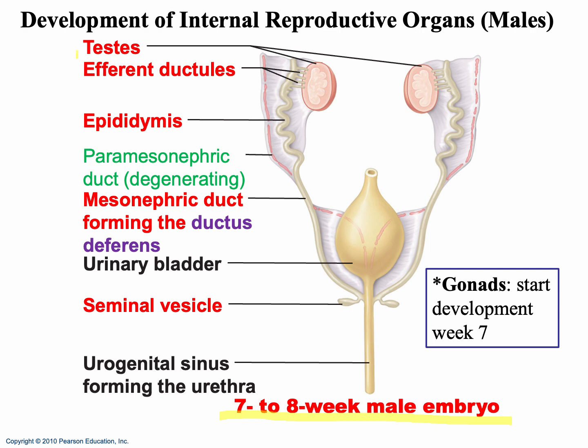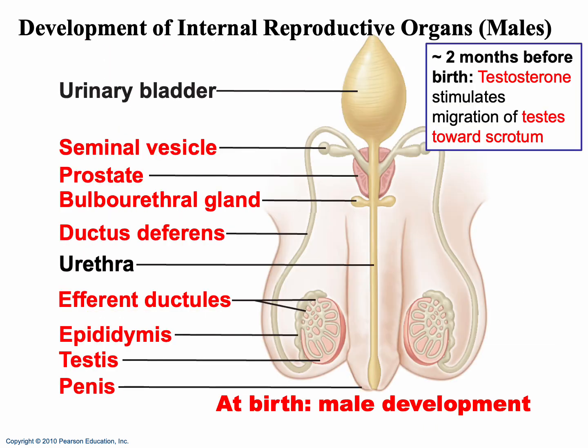So we can see from the Wolffian duct, the efferent ductules are being formed. The epididymis is forming here, the vas deferens, the seminal vesicle. So a lot of those different types of structures. Of course, the testes is developing from the gonadal ridge, like we mentioned. And then this image here is showing what the male genitalia would look like at birth.